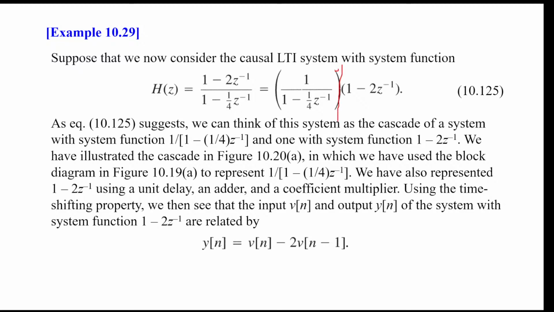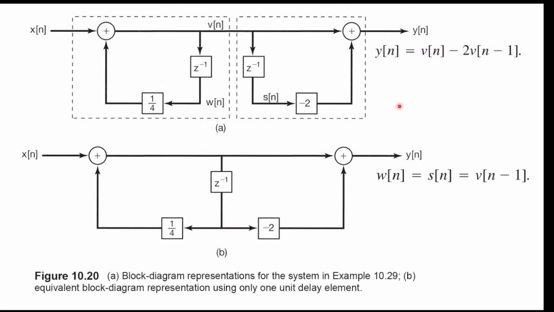So we have big V of z equal to 1 over 1 minus 1 over 4 z minus 1 times big X of z. This is what we want, and then we want other things that give us this 1 minus 2 z minus 1 on our big V.